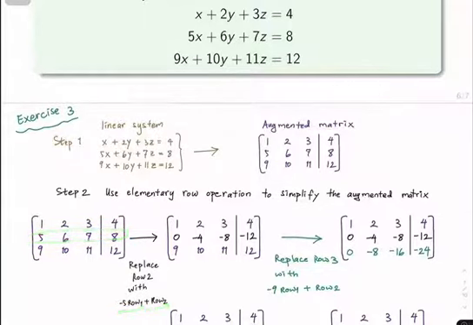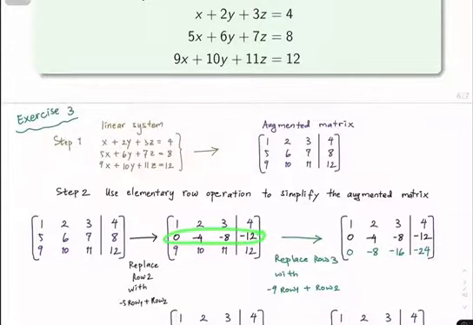So I can do -5 plus 5, that's 0. And then I can do -5 times 2, which is -10. And -10 plus 6 is equal to -4. And I keep going in that fashion, and I get this new second row.